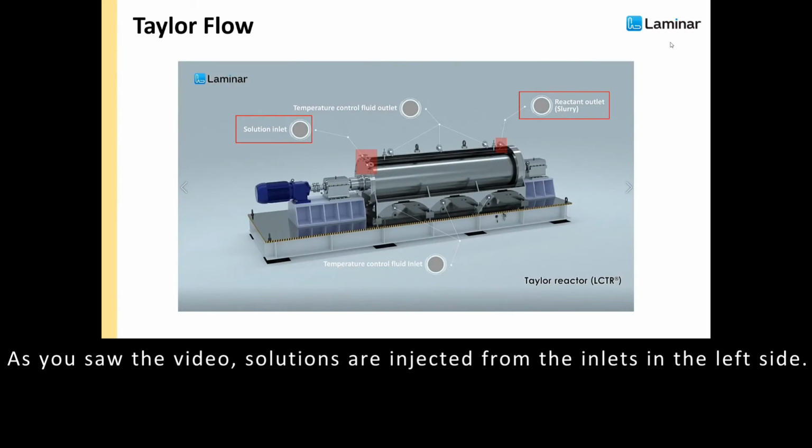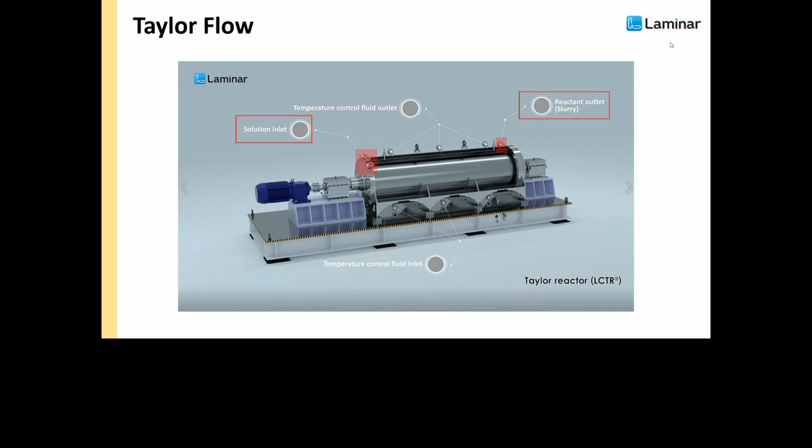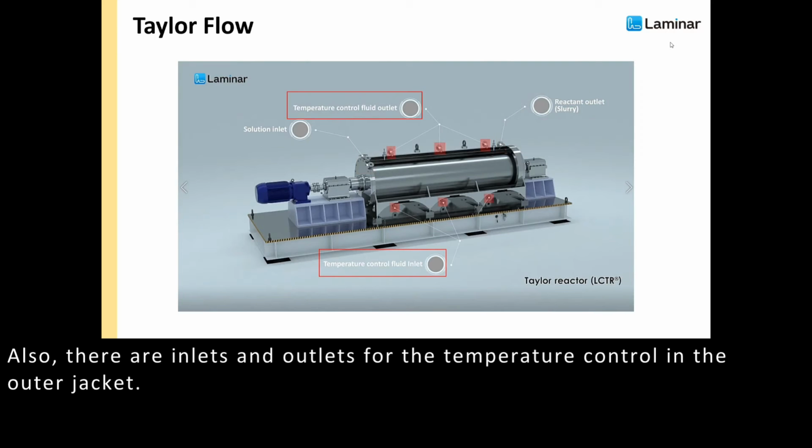As you saw the video, solutions are injected from the inlet in the left side. And also in the middle, there are some ports for pH and temperature sensors, and also for the solution too. Also, there are inlets and outlets for the temperature control in the outer jacket.